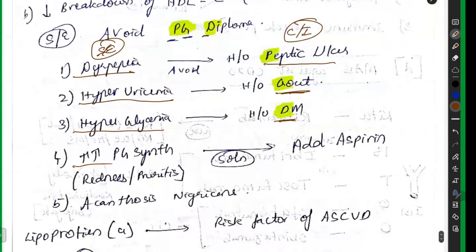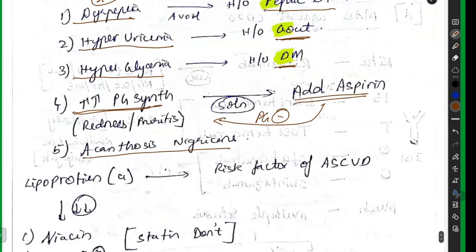And increase in prostaglandin synthesis. What is the solution for it? You can add aspirin. Aspirin is a prostaglandin inhibitor. And finally, acanthosis nigricans. What happens? It is due to insulin resistance in the skin: there is a deposition of pigmentation in your neck, ankle and axillary area.